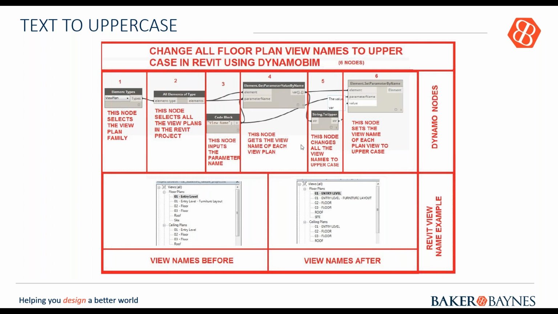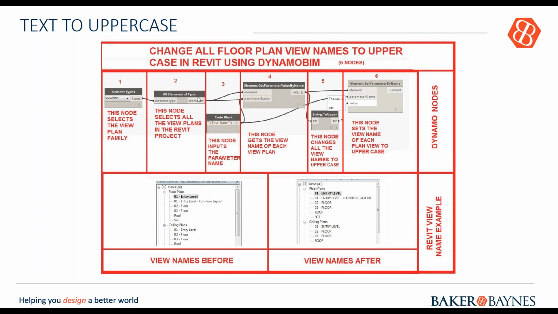And then the fifth node will change all the view names to uppercase, right? I will explain it as we go and as we connect all the nodes in the demo, right? And then lastly, the sixth node will set the view name of each plan view to uppercase.